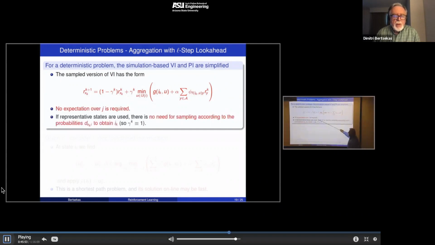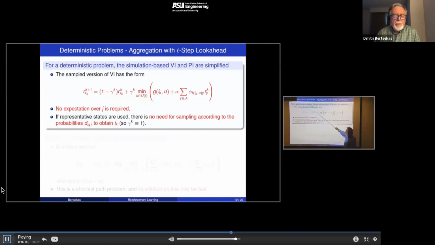If representative states are used, then there's no need of sampling according to the disaggregation probability. So this i_k is just simply x_k. And in that case, because there's no sampling, I don't have to use a step size. I can use a step size equal to 1. Okay, a much faster computation.